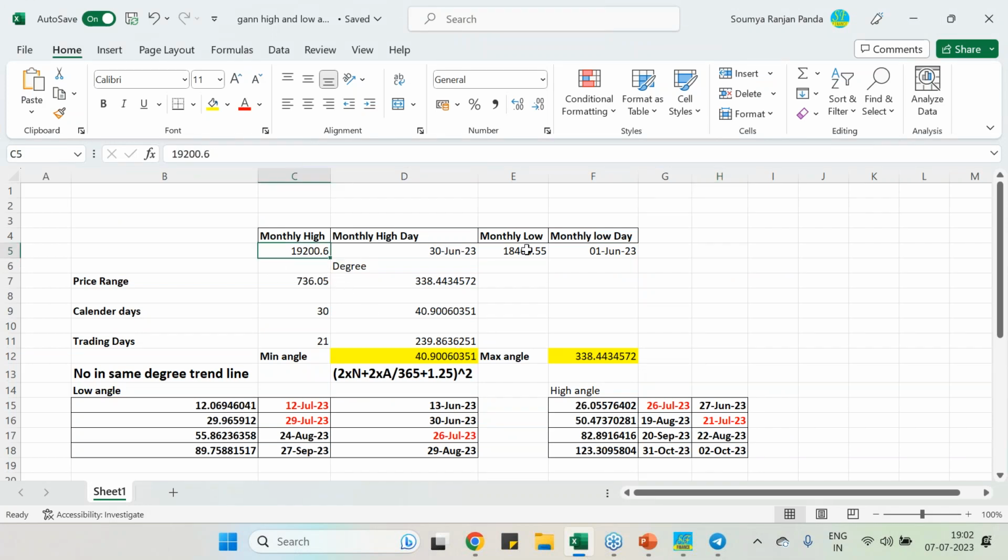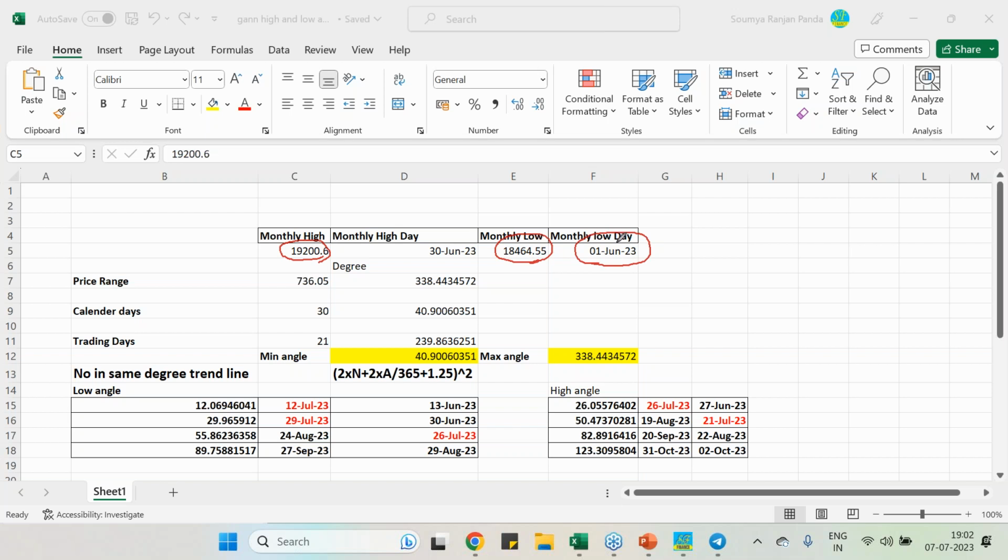Monthly high, monthly low, which date it has formed. Monthly high formed on 30th June, and that value was 19,206. Monthly low was 18,464.55, which happened on 1st June 2023.